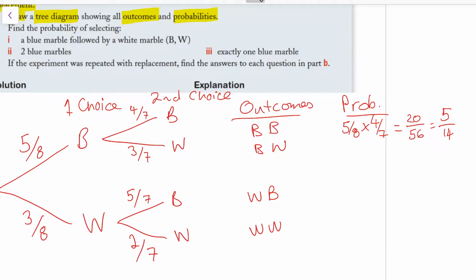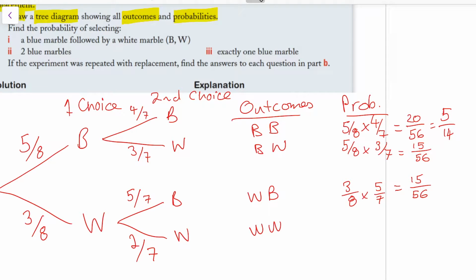We've got blue marble, white marble, 5 over 8 times 3 over 7 gets me 15 over 56. Then we've got white blue, 3 over 8 times 5 over 7 equals 15 over 56.